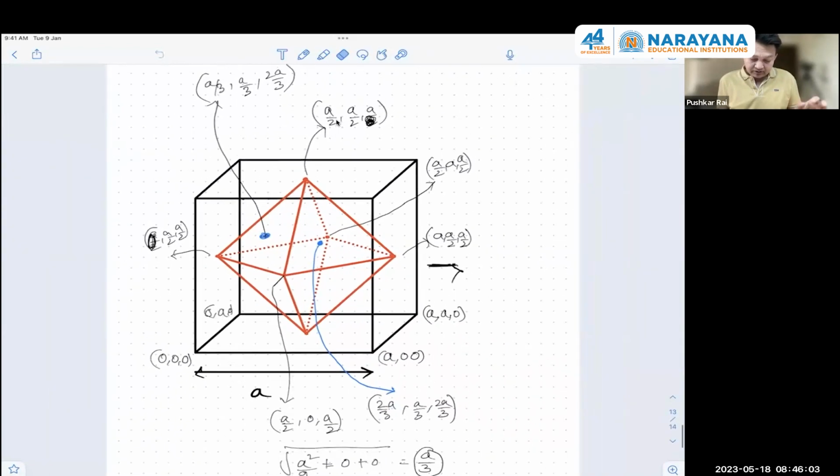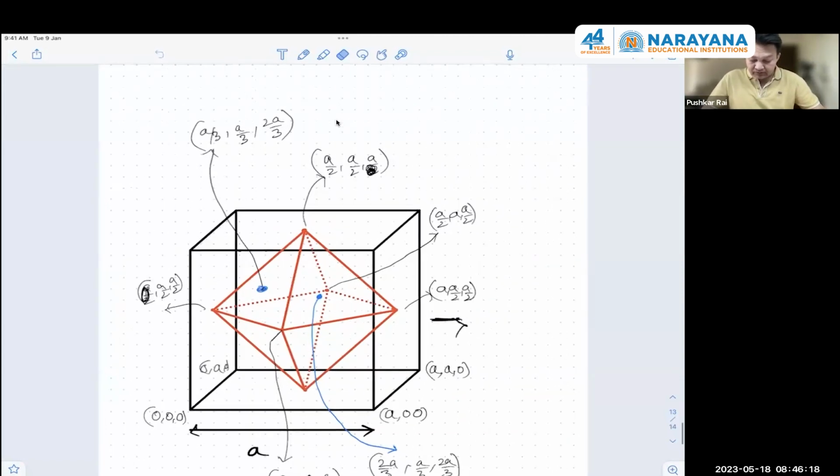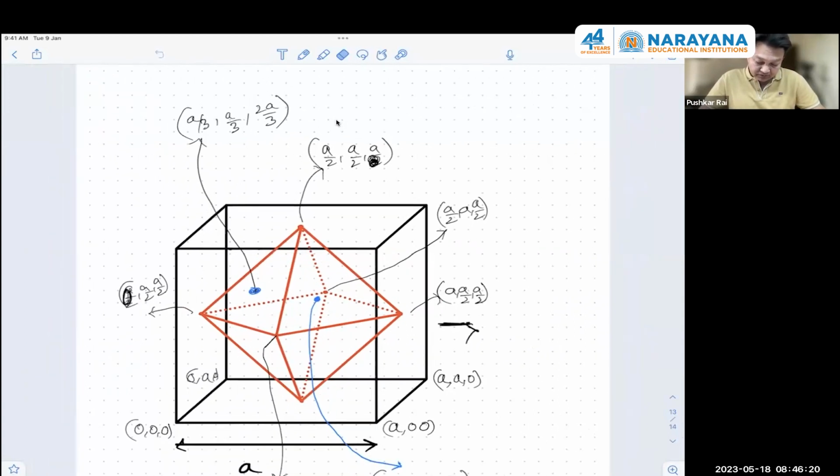Now you create a cube, and the edge length of the cube is A, with corners at 0, 0, 0, and 0, A by 2, A by 2. So what are the coordinates of the center of this triangle? Can you get this? Because you know the coordinates of this point, this point, and this point.